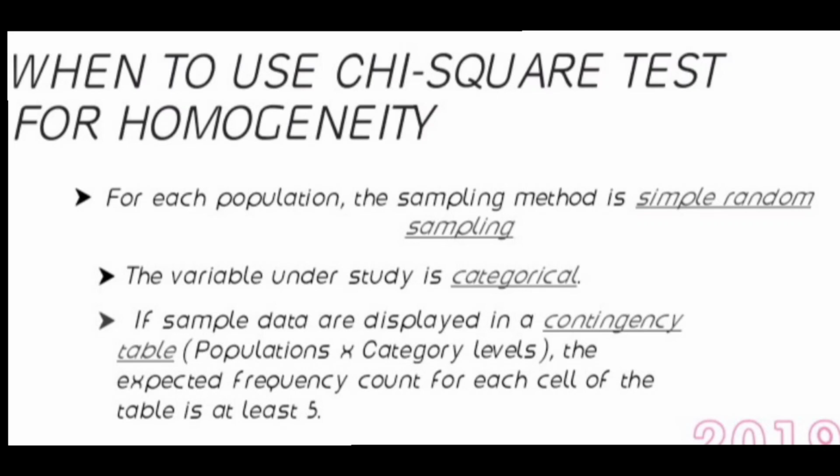If sample data are displayed in a contingency table, the expected frequency count for each cell of the table is at least 5. So, use the chi-square test for homogeneity to determine whether observed sample frequencies differ significantly from expected frequencies specified in the null hypothesis.